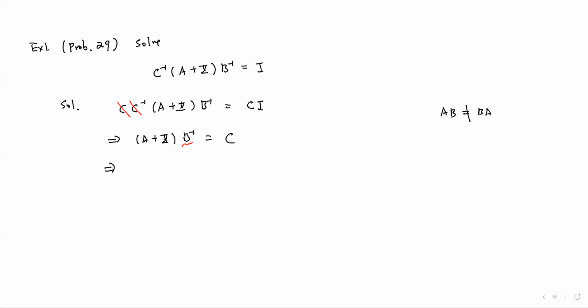How? Multiply the equation from the right hand side by B. C times B, not B times C; C times B is not equal to B times C. Then cancel.